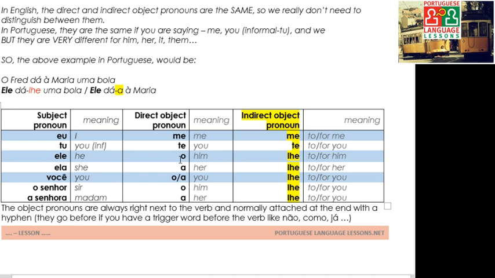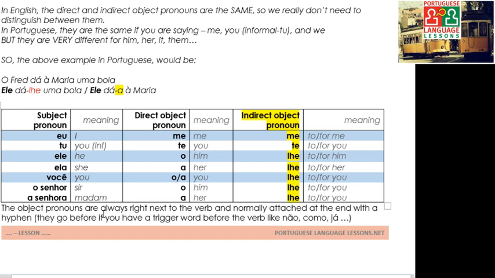The direct object pronoun, the things that are being given, could be me, te, and then o or a, according to whether it was masculine or feminine. But what we're talking about here are the indirect object pronouns. So again, we've got me and te from saying to me, for me, to you, for you, but lhe for all the others. We don't change masculine and feminine here.